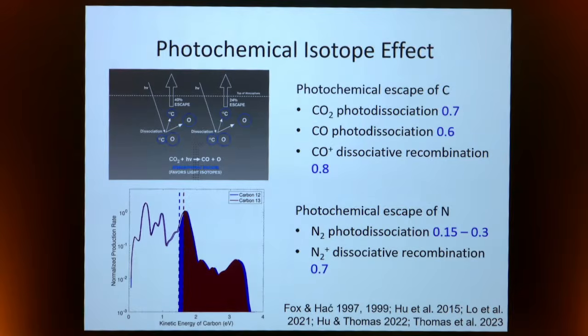The photochemical escape instead, by itself, is strongly fractionating. So in this work, we have re-evaluated the photochemical escape of carbon and nitrogen and the isotopic fractionation in it. Physically it's very simple.